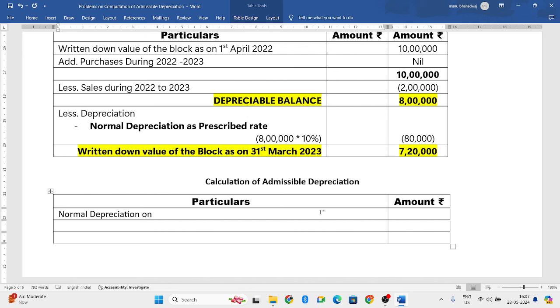First we'll write normal depreciation on buildings.